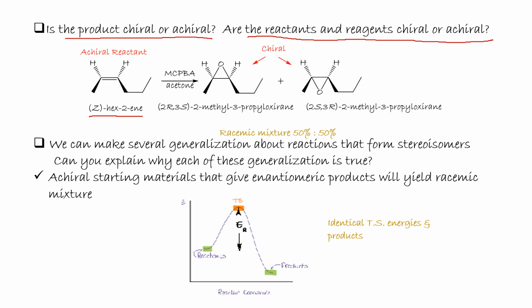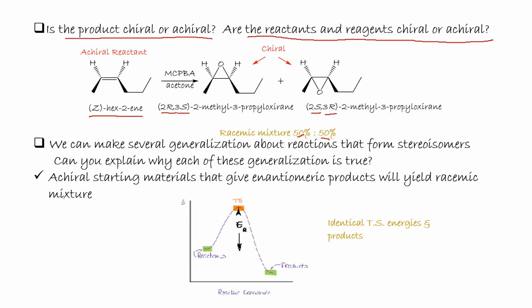Okay. Now, when we get the oxidation done, we have 2R,3S and 2S,3R. They are each one individually chiral, but a mixture of the two enantiomers will give a racemic mixture, 50-50, optically inactive.